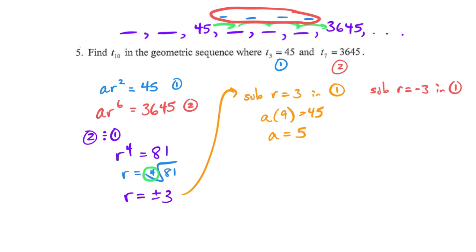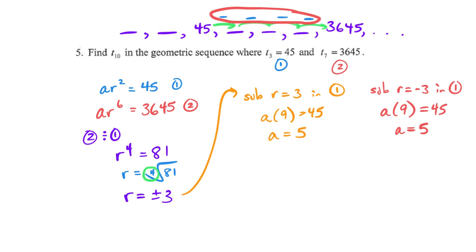And when I do that, I get a times 9 equals 45, and I notice that I get the same a value. I actually have 2 different possible sequences. I get in orange a sequence that starts with 5, and I multiply by 3 on every term, or I get in red a sequence that starts with 5, but I multiply by -3 from term to term.